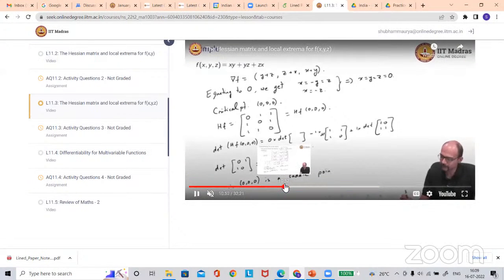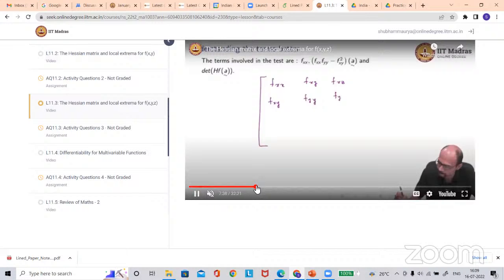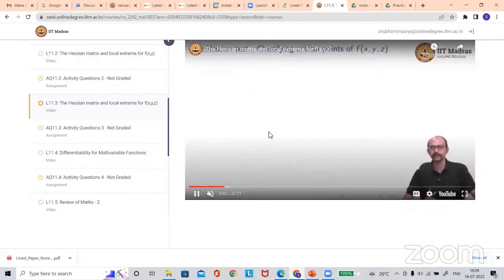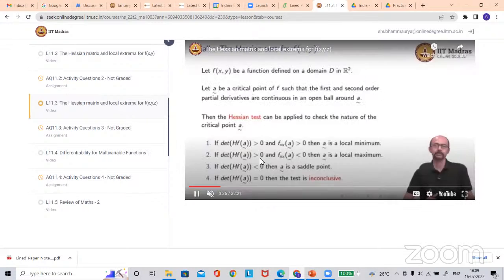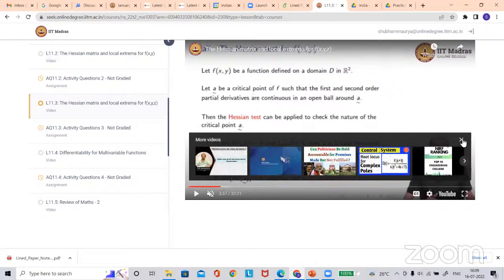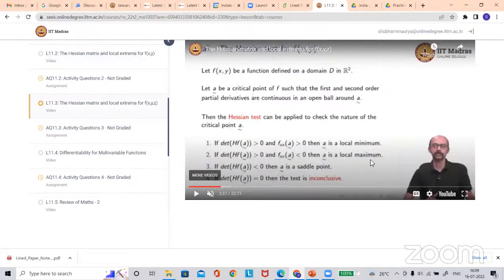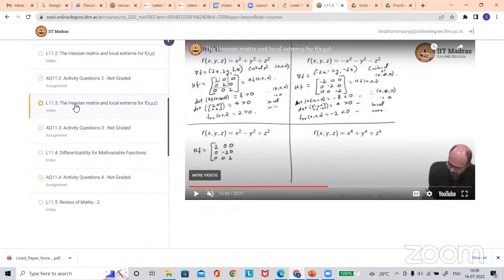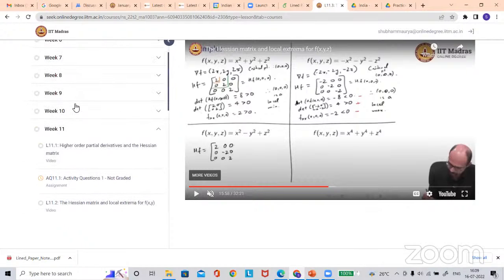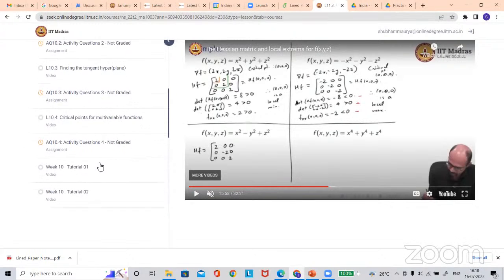Only the formulas are here, and you only need to remember some formulas and these conditions. If you are satisfying this, substitute the value, check if it is satisfied, and just say that it is going to be maximum or minimum. The basic thing is getting proper critical points, which is in week 10, lecture number 4, I think.